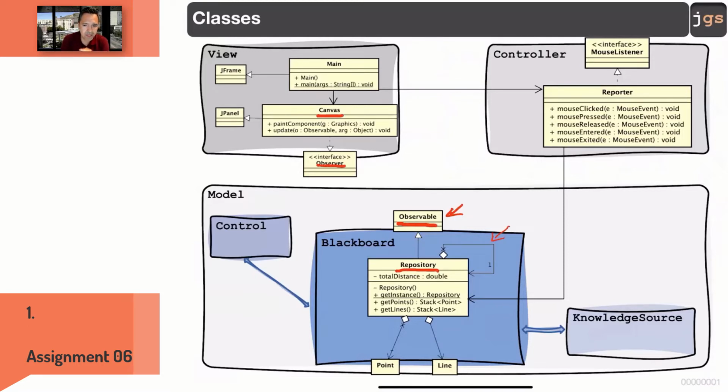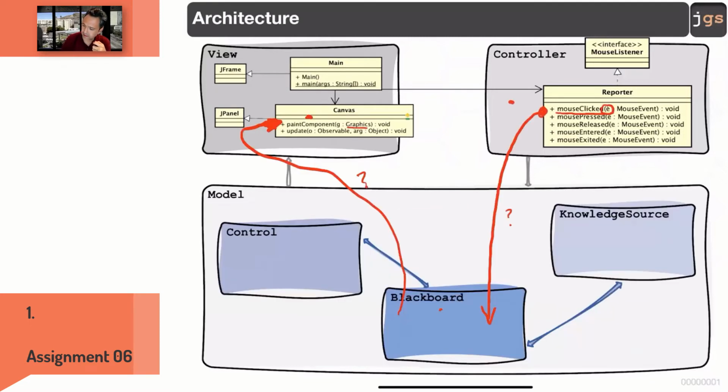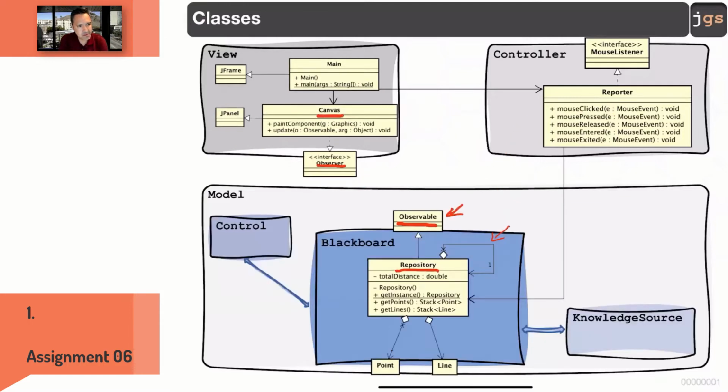I create my class repository observable, and these two classes are this connection. Observer and observable. Done. Connection number one, my first question. The connection between the view and the model. Observer pattern. Done. Professor, there is a connection between these two classes?